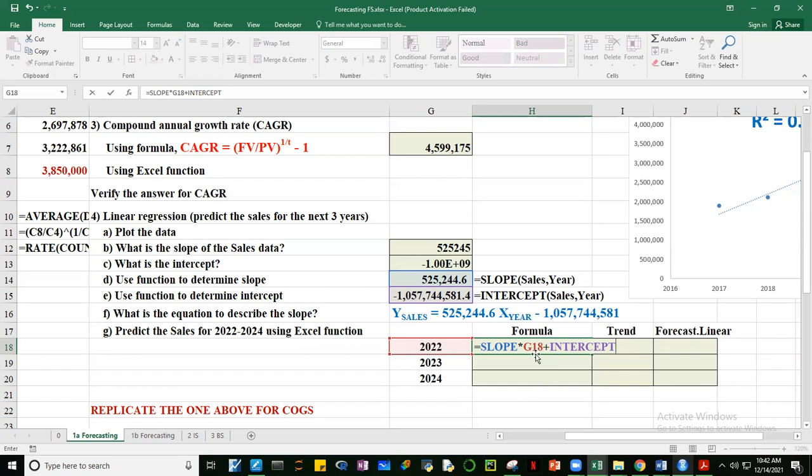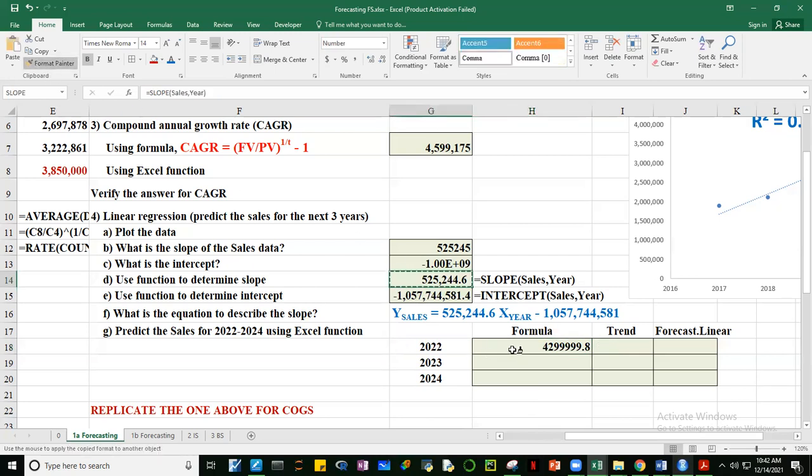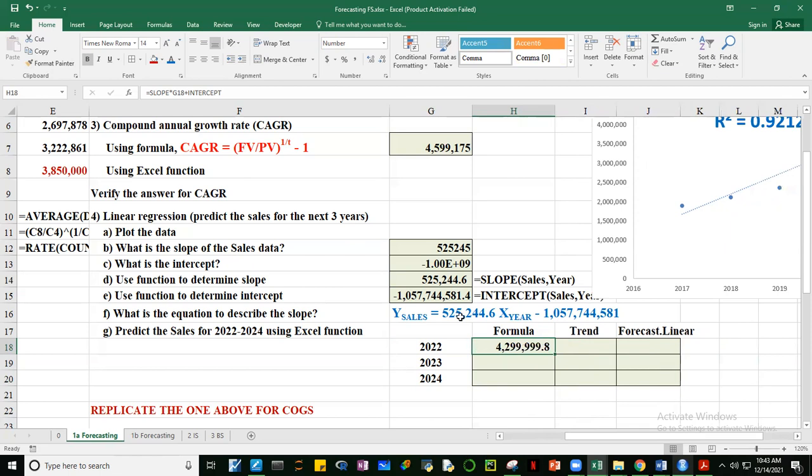So that's year times the slope plus the intercept. Okay, ito yung year natin. So we can easily copy this going down kasi constant naman yung slope at saka intercept. So control enter. Okay, and then let's just copy the format of this one. Copy natin sa lahat. Okay, so this is the predicted sales, using our regression line.